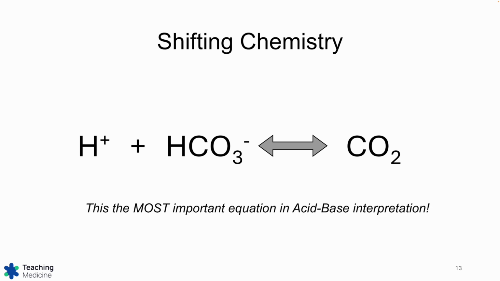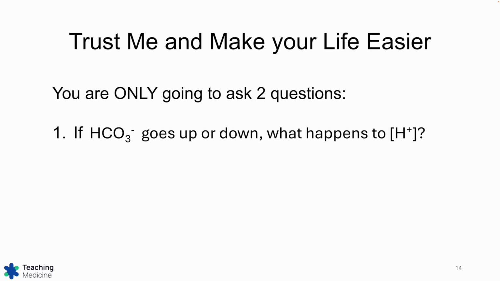So this is the most important equation in acid-base interpretation, or ABG, arterial blood gas interpretation. I want you to memorize this equation because it's very important. You are only going to ask 2 questions with this equation.